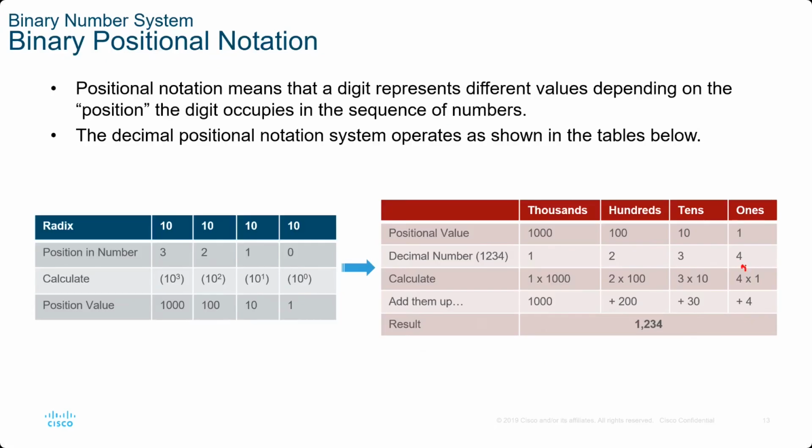Okay, so if you have a number 1 2 3 4 and you want to find out the value of each number in this 1 2 3 4, you can already see that the number 4 does not hold as much value as the number 1 holds, because this 1 is 1000 actually, and the 4 is just a 4 alone.